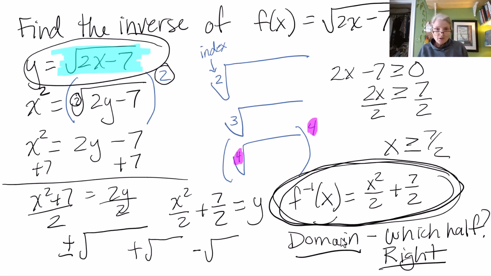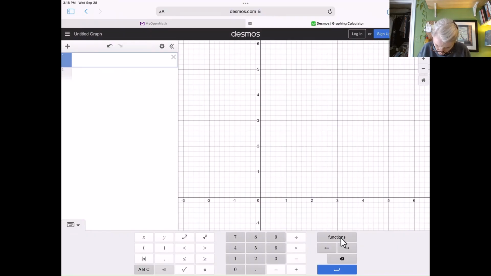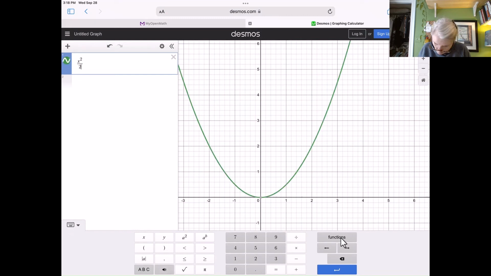Well, we can go ahead and graph our function onto Desmos. So let's go ahead and do that. Let's see, x squared divided by 2, I believe, plus 7 divided by 2.